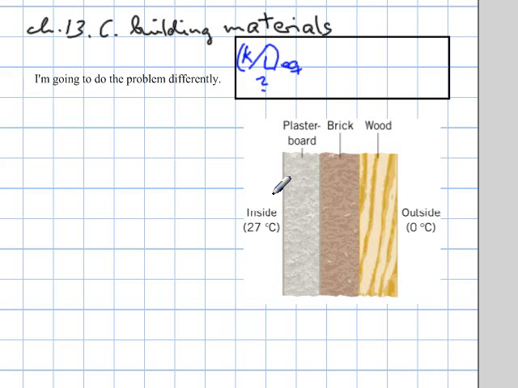Okay, with that I have to look at what is actually happening here. Heat of course flows from here to here, but it first has to flow through this one, then this one, and then finally this one. And each of these building materials is trying to resist the heat flow, and that's the word I'm going to use, resistance.